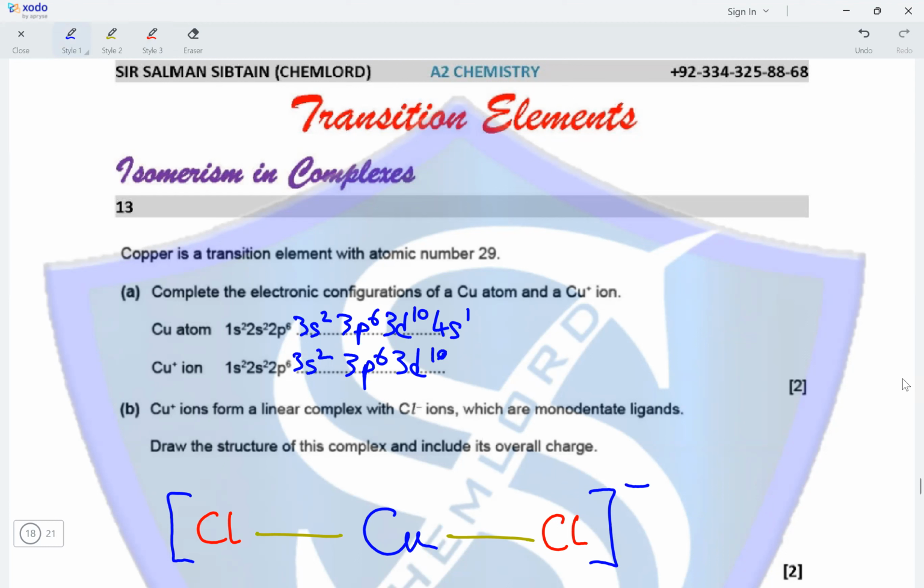So in total, a minus 1 charge on the complex ion. So this is the linear complex that the Cu+ ion forms with two chloride monodentate ligands.